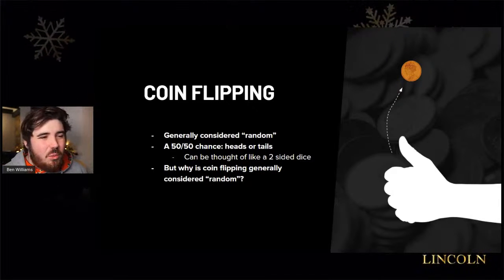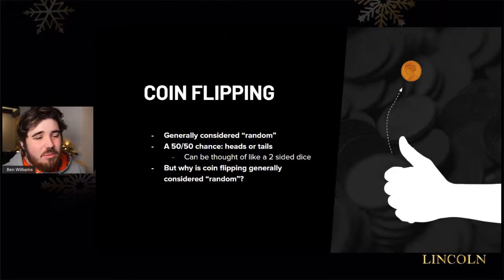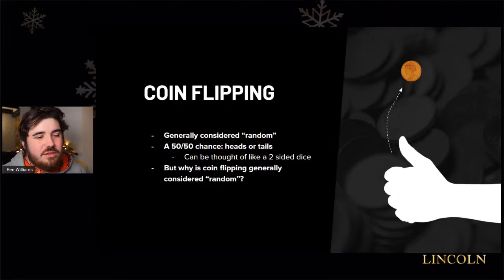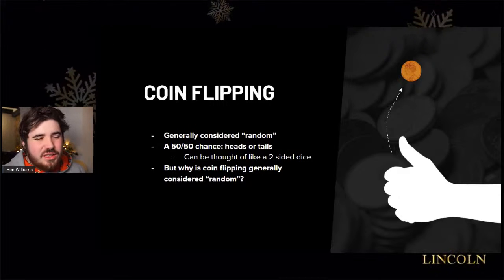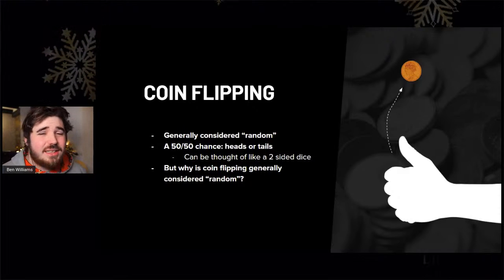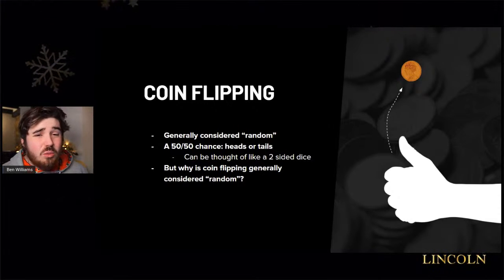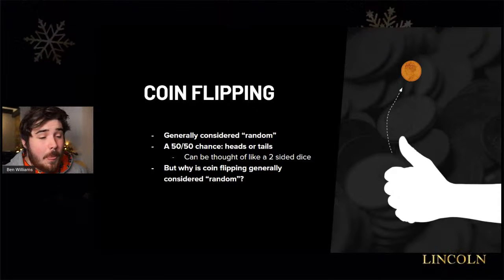But generally, we flip coins, the heads or tails thing, to decide two outcomes, right? So we have heads, you do something, tails, you do something else. You can think of this like a two-sided dice. But the point is that we generally consider this coin flipping process a random process, right?